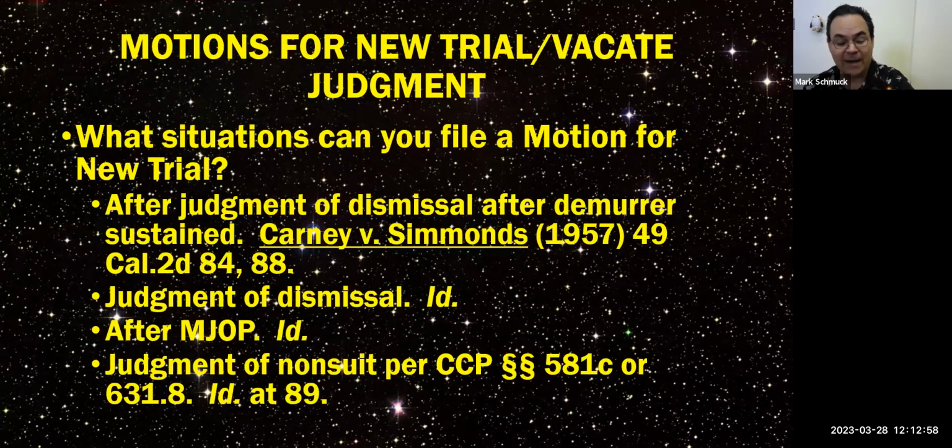Under 631.8, a non-suit motion is after the plaintiff's case in chief, and it asks the court to enter judgment and find that the plaintiff's case in chief does not make a prima facie case to justify the entry of a judgment in the plaintiff's favor, and the defendant is entitled to judgment as a matter of law. A motion for a new trial can be entered after those kinds of motions.